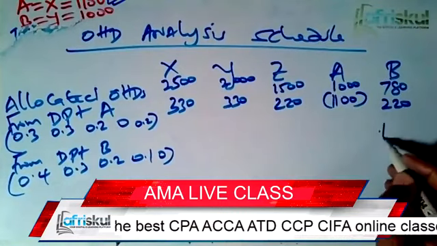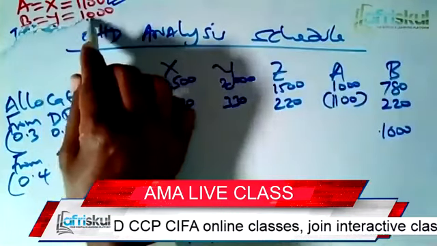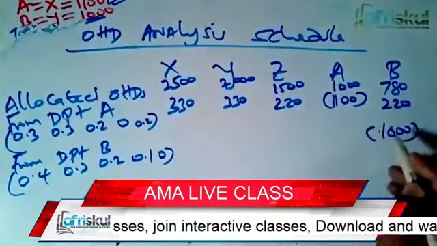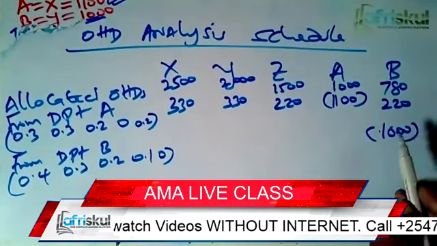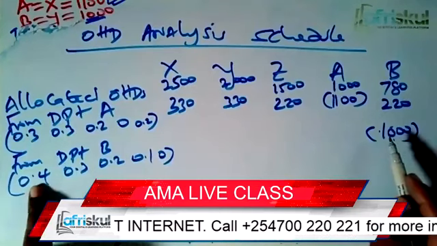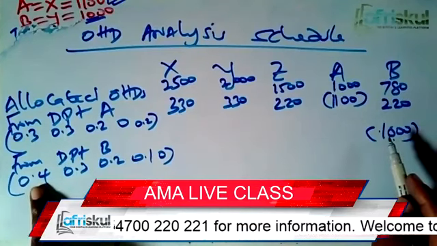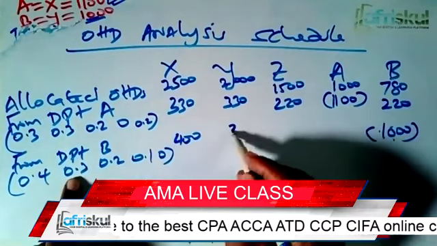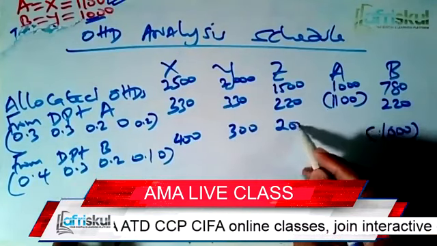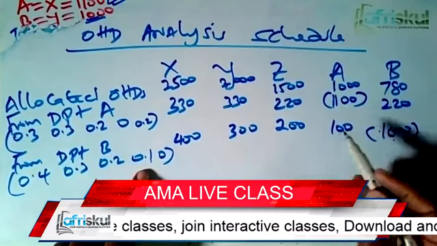It is 1,000, the total that we got there. If you add this, you get 1,000. So we distribute this 1,000 as per the percentages. 40% of 1,000 is 400. This will be 300, this will be 200, this will be 100, and of course 0.